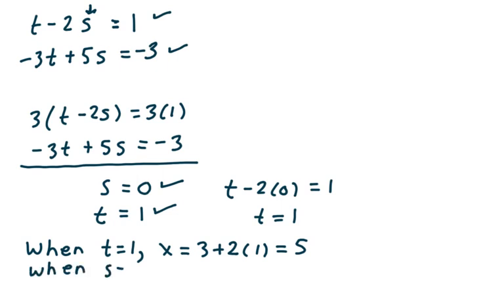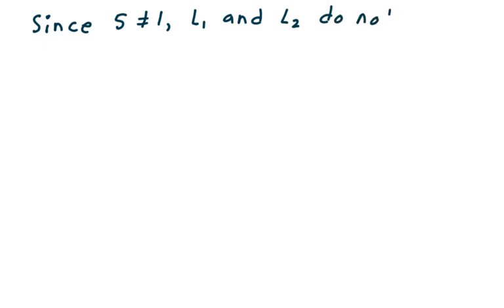When s is 0, x is equal to 1 plus 4 times 0, which is equal to 1. Since 5 doesn't equal 1, L1 and L2 do not intersect.